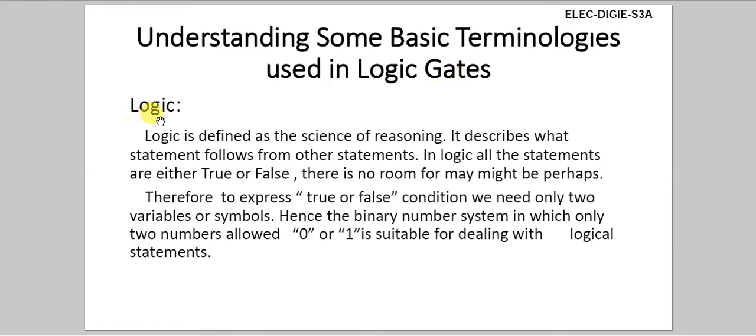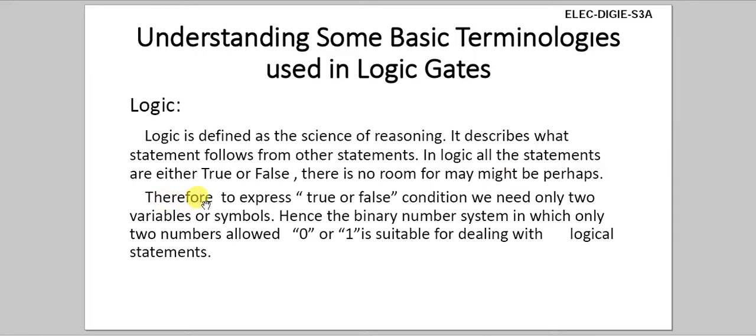First, logic. What is logic? Logic is defined as the science of reasoning. It describes what statements follow from other statements. In logic, all statements are either true or false. There is no room for maybe, perhaps, or might be kind of things.